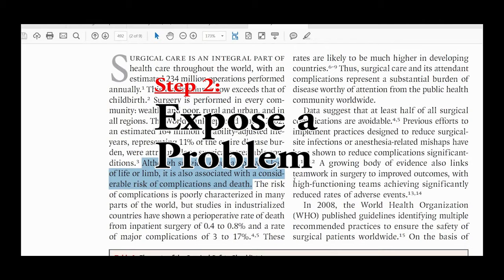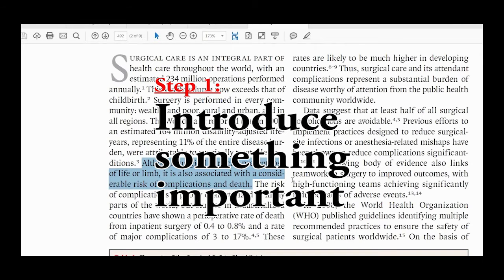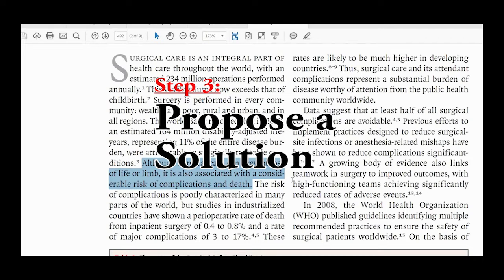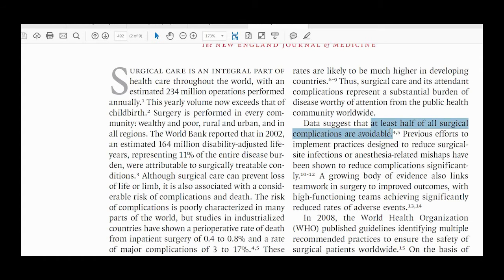So here we have the first two moves. Surgery is very important. Surgery can be dangerous. There's a risk of death. There's a risk of complications. And then they point towards a solution. Right here, "data suggests that at least half of all surgical complications are avoidable." And they further this idea by saying that good practices help avoid complications and unnecessary deaths in surgery.